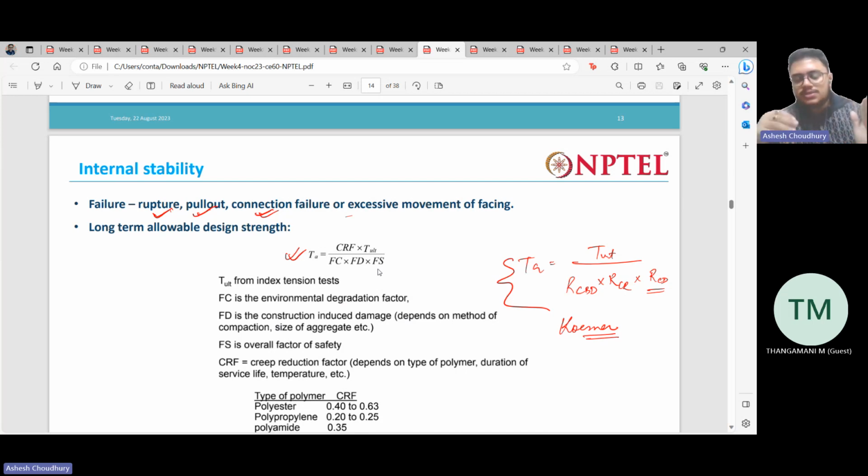If the connection between the reinforcement and the facing breaks, suddenly excessive movement of the facing will happen. This is holding it in place, right? So there will be some excessive movement.